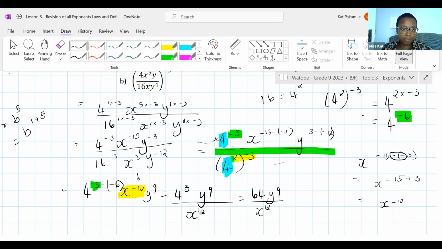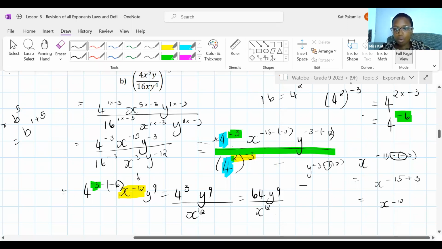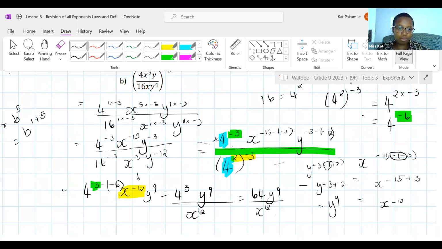And then finally, we did it with the y, because y was negative 3 minus negative 12. Again, negative and negative give us positive. So we ended up with y, negative 3 plus 12, and that's where we got the 9. Do you feel better now about all of this?